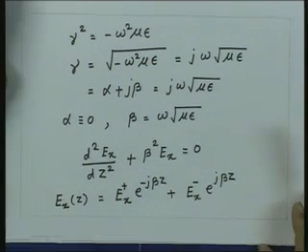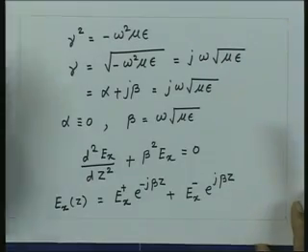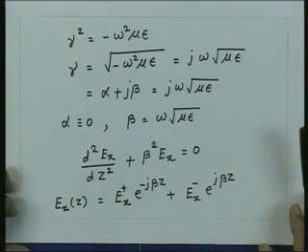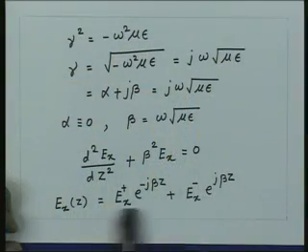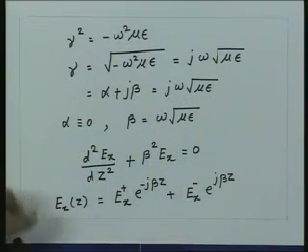On lines similar to those used for transmission lines, for this simplest case of wave propagation in an unbound medium, we get an electric field which is a combination of these two terms.